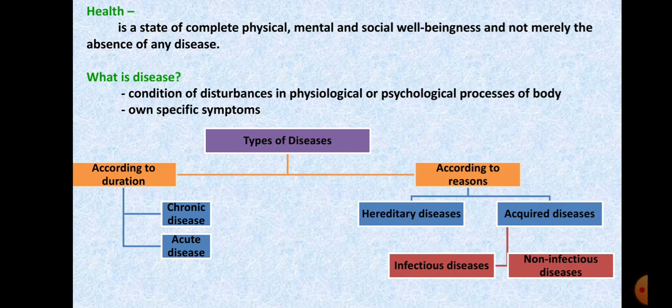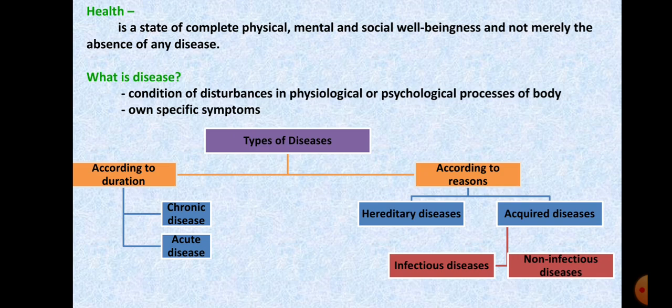And again, these acquired diseases are of two types. First one is infectious diseases and the second one is non-infectious diseases. Infectious diseases means the diseases which spread through contaminated air, contaminated water, contaminated food or vectors, which can be animals, which can be insects, which can be microorganisms.